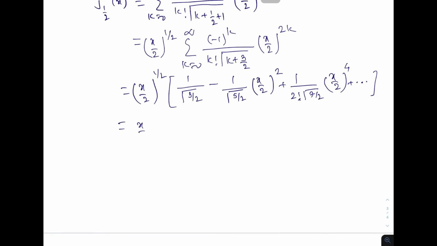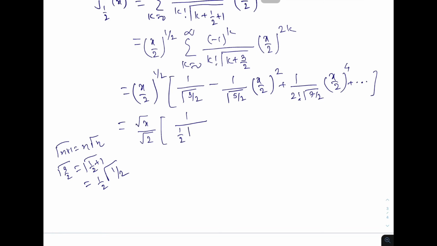This is equal to, I can write this as root x by root 2. Now gamma(n plus 1) is n gamma n. Gamma 3 by 2 can be written as gamma(1 by 2 plus 1), so 1 by 2 gamma 1 by 2. Same way here 5 by 2: then 3 by 2, then 1 by 2 and gamma 1 by 2.